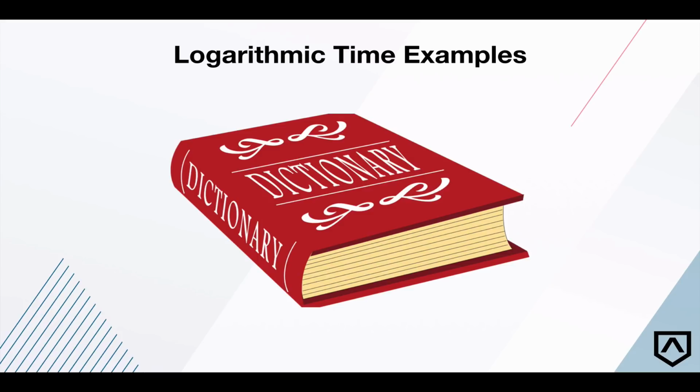We already know how a dictionary is organized, so we know roughly where the entry is. We might not know the exact page, but we have a pretty good idea. So we're able to bypass a bunch of pages of the dictionary that we just know our entry is not going to be in.